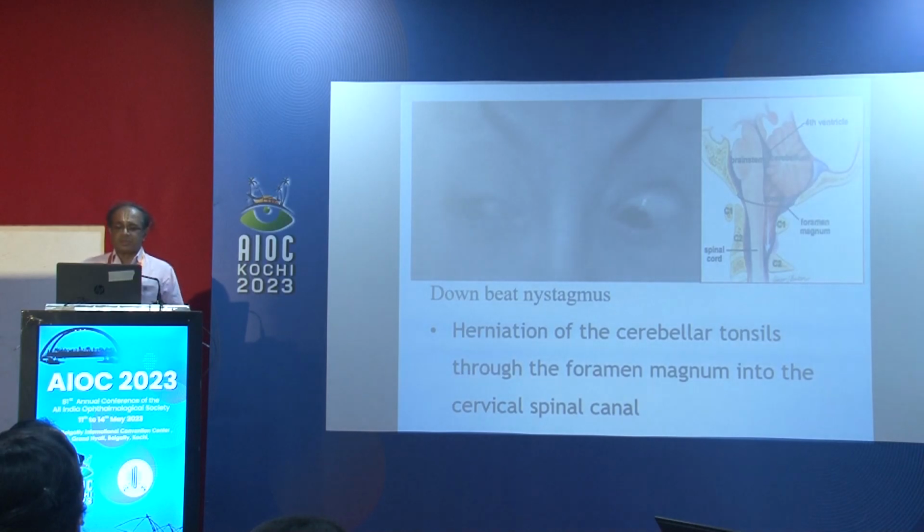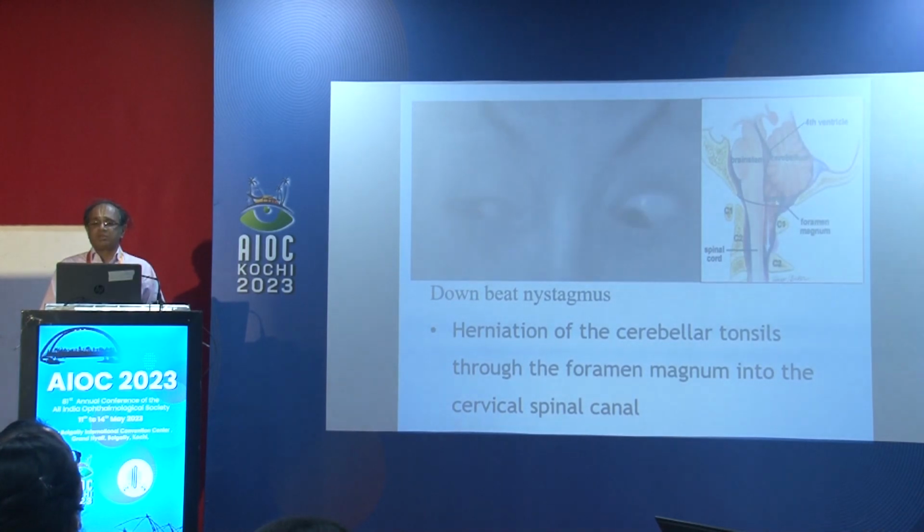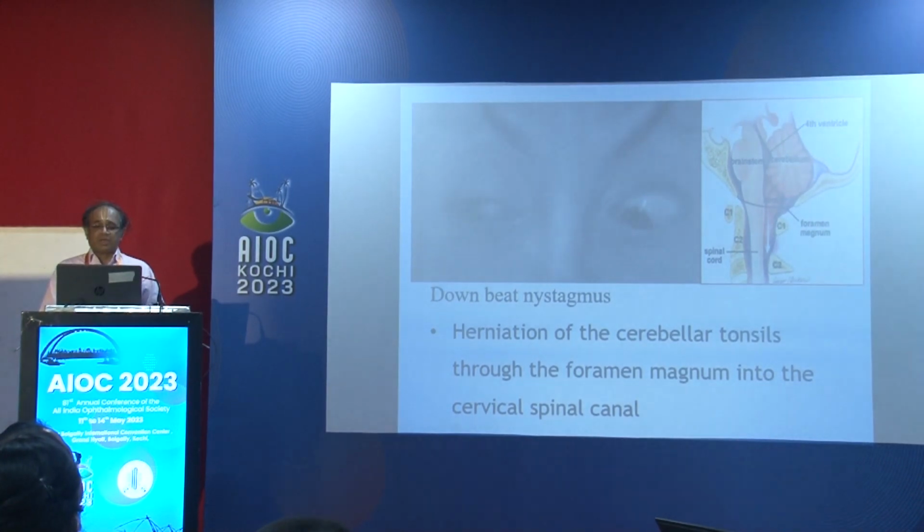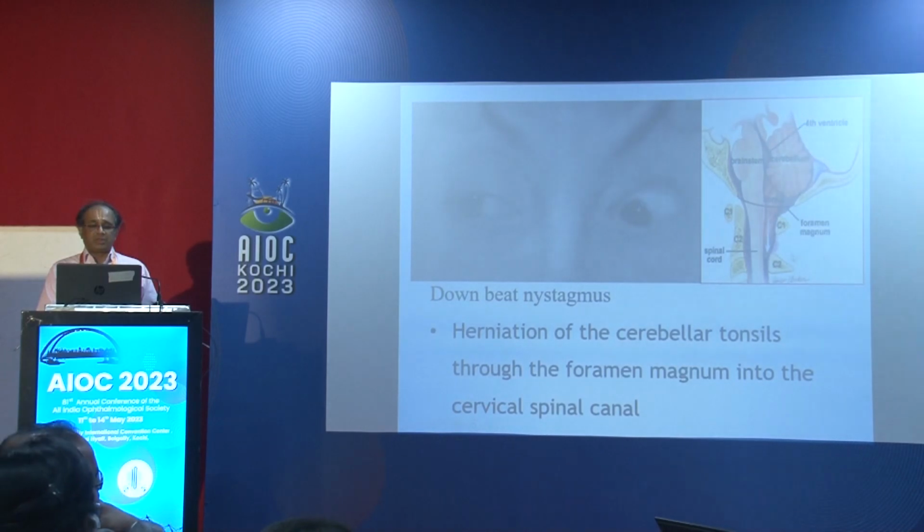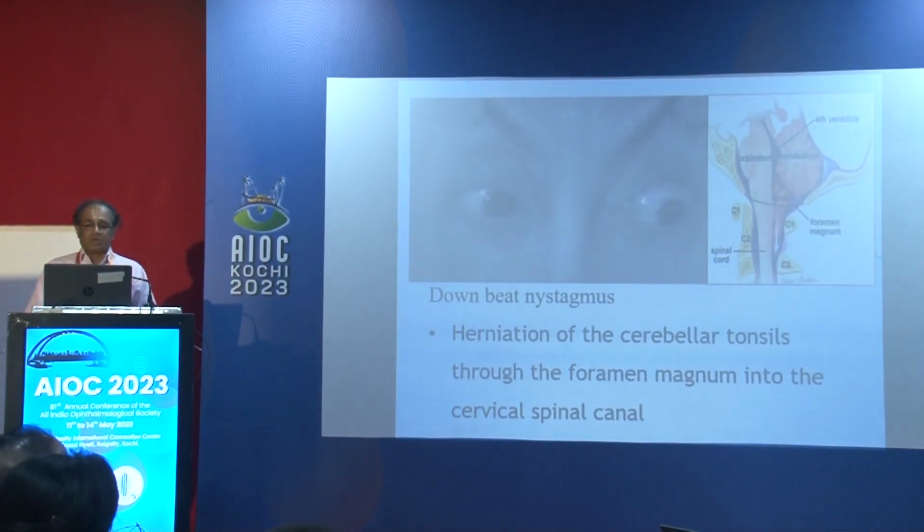So you can see the downbeat nystagmus. This is due to the herniation of the tonsils. Here you can see the tonsil which is herniated into the foramen magnum, and that results in the downbeat nystagmus.